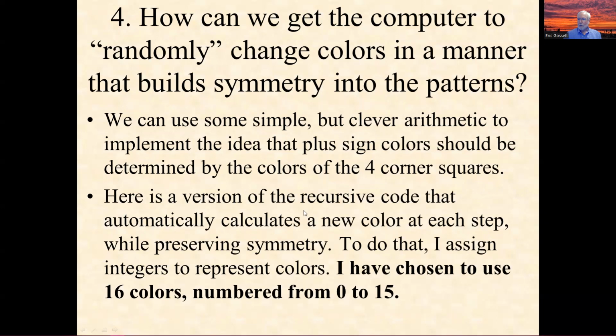So the next version of the code, the recursive code, is going to create and calculate a new color at each step, thus preserving the symmetry. And to do that, I'm going to assign integers to represent colors. So I've chosen to use 16 different colors, and I'm going to number those colors from 0 to 15. So for example, the number 6 might represent the color blue.